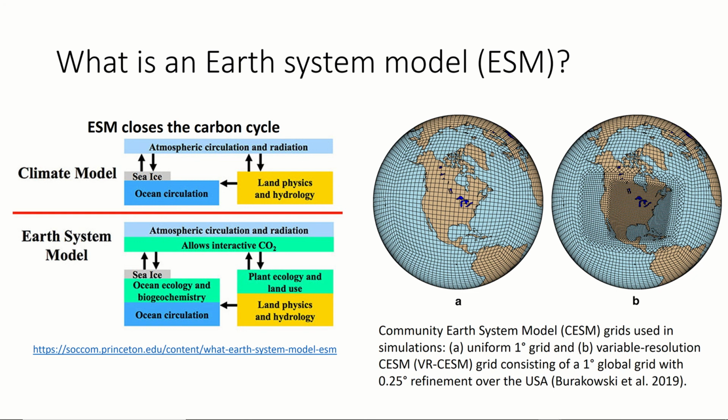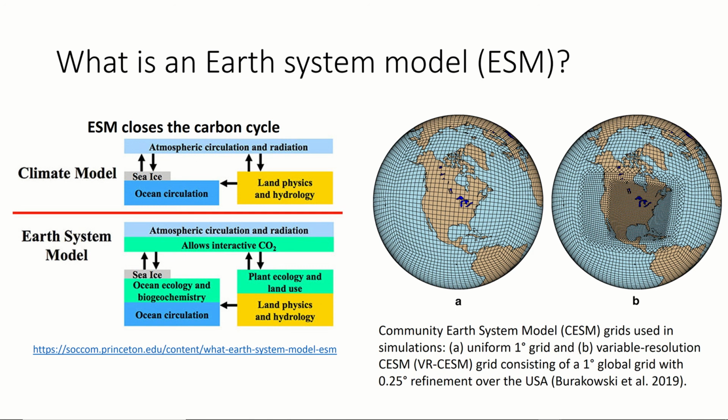So basically, an Earth system model attempts to close the carbon cycle by accounting for multiple Earth cycles, like the hydrosphere, the geosphere, the atmosphere, and the biosphere. So it has more processes than just a climate model, as shown in this diagram.